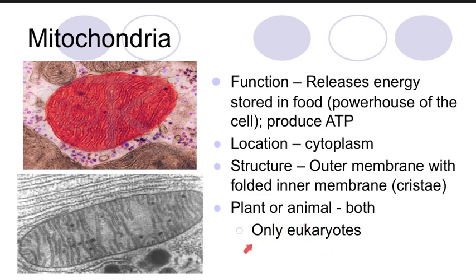Okay, sort of a cool biological theory is that mitochondria were once their own separate cells, and the theory for that stems from the fact that mitochondria have their own DNA that is separate from the rest of the cell, separate from the nuclear DNA.